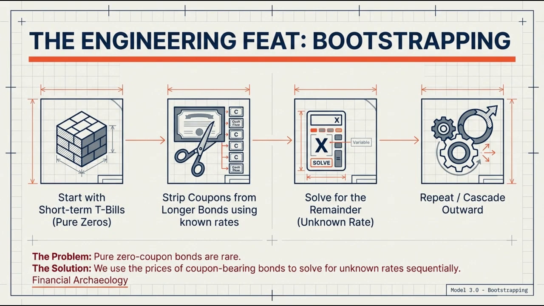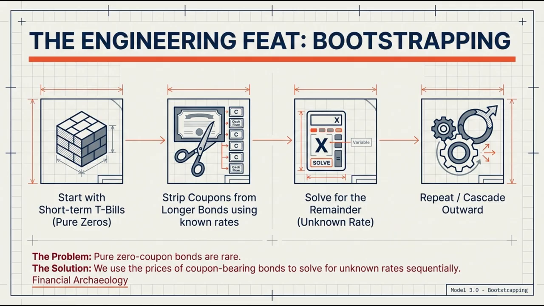Okay, so we've established that the zero rate curve is the fundamental truth required for accurate pricing. It is. But as we just discussed, most of the bonds we actually observe trading in the market are coupon paying. So we can see the price of a 5-year 6% bond, and we can calculate its yield. But how do we actually find the pure 4.5-year zero rate that's needed to discount its second-to-last coupon payment? This is the central engineering feat of fixed income markets.